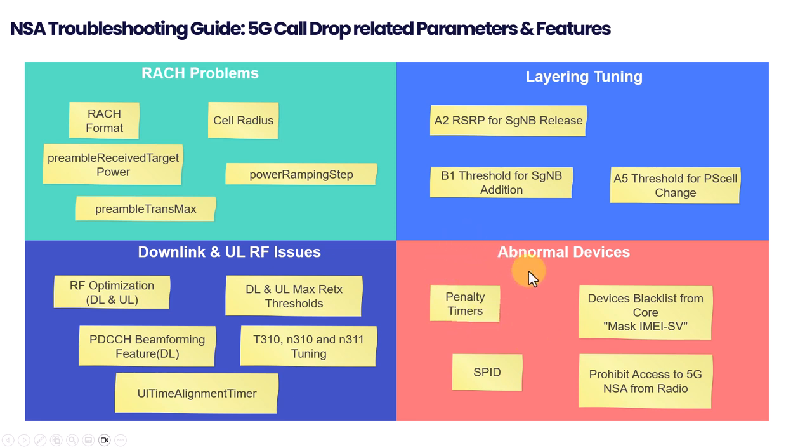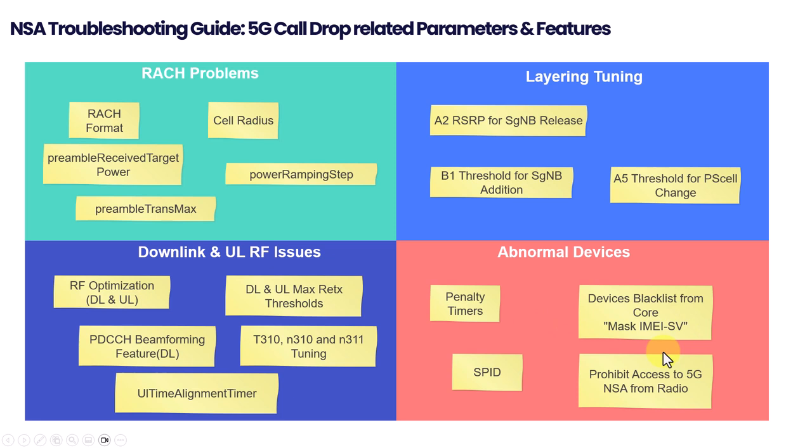Also, you can collect all the abnormal devices in general. If you observe some signature caused by specific devices, you can get the device information, as we mentioned also previously, from the initial context setup request. For example, you can get the masked IMSI, and this can also be obtained from the SgNB addition request.